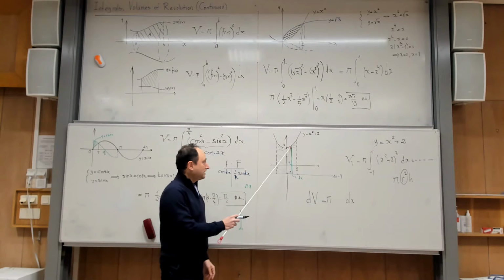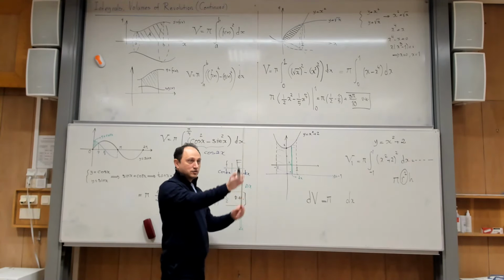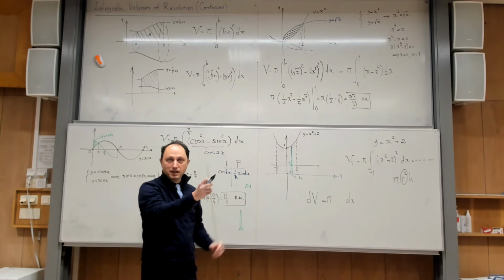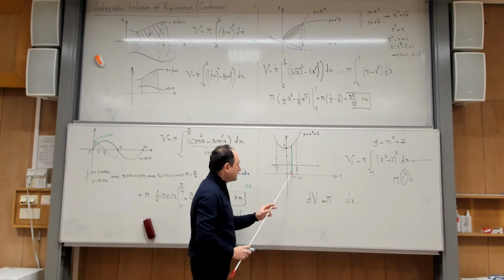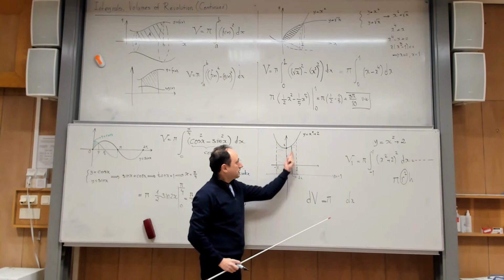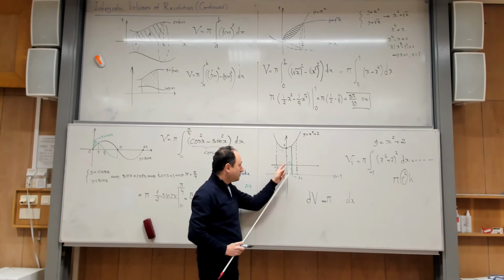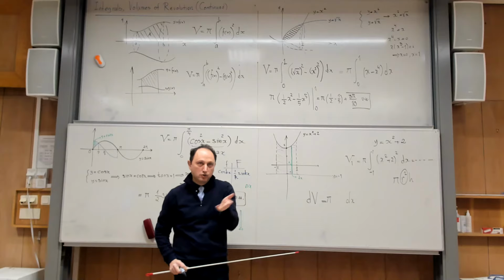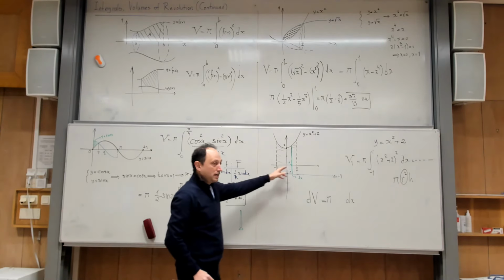If I rotate this line about the x-axis, this line will still be the length of the radius. Is that right? But now I cannot say what this length is, because if I start changing x, this green line will change. So its height depends on x. You cannot say 3/2 or 5 or whatever. That is some number which depends on x.